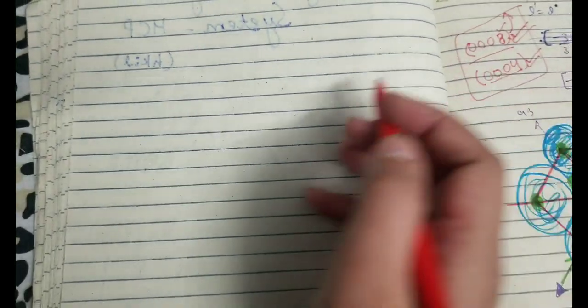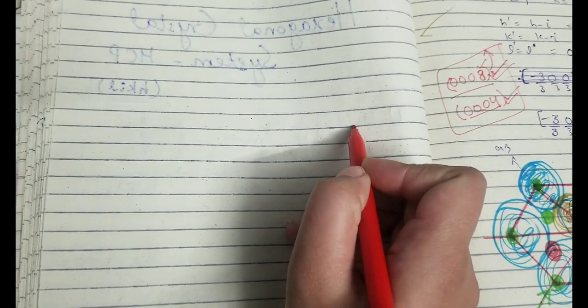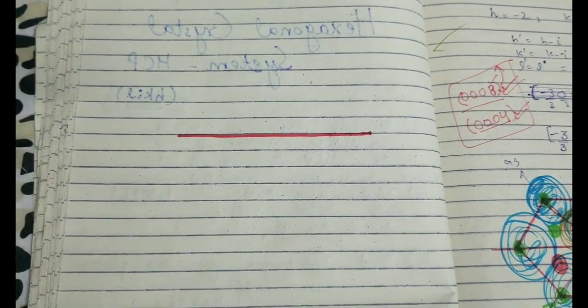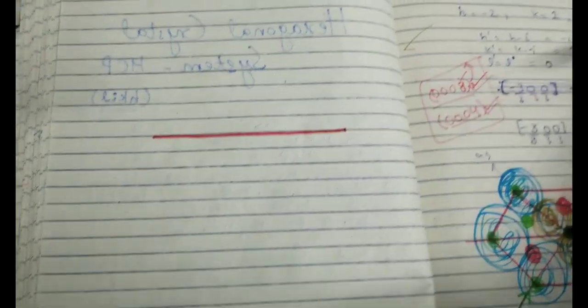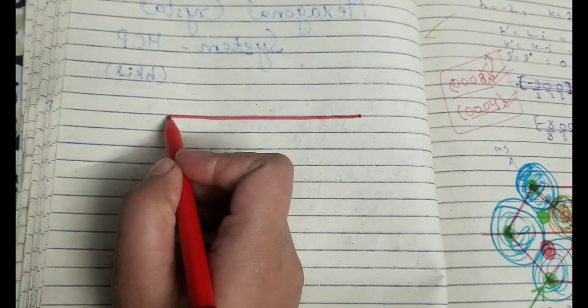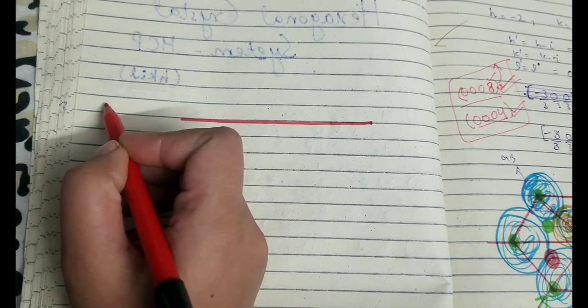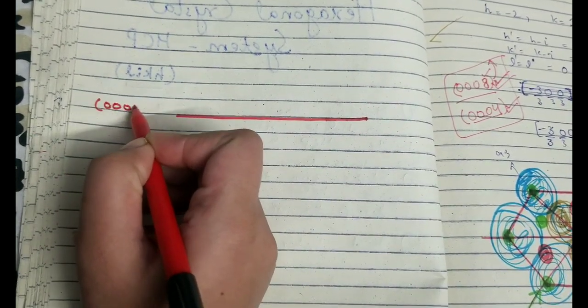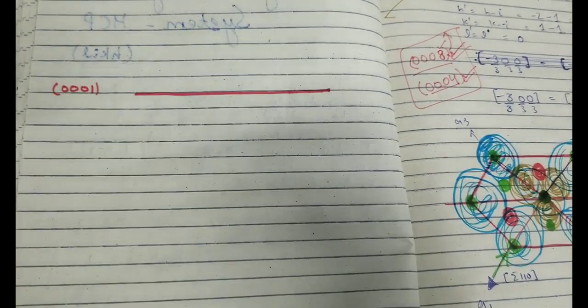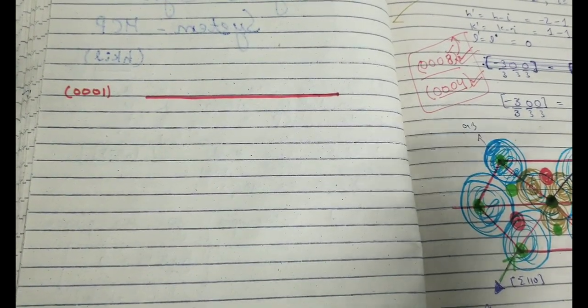Now let me draw the planes. First of all I'm drawing, just remember the pattern in which I am drawing these planes. It will help you to remember the planes. So this is the basal plane, which I will call 0001. The similar diagram is needed in part D or part 4.